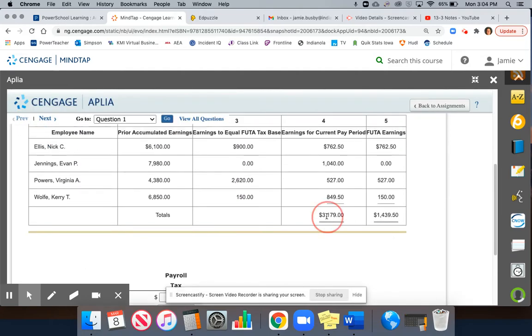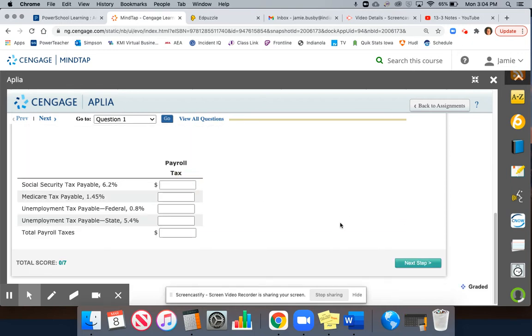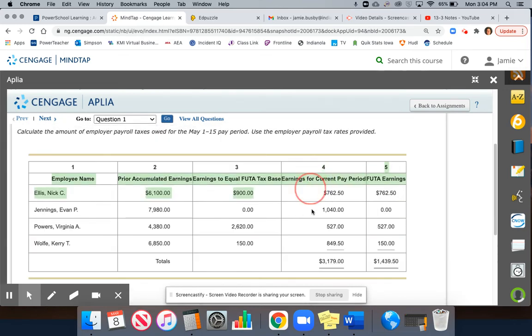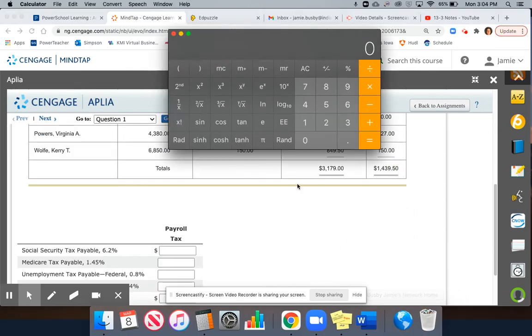So using these two totals, we need to calculate our Social Security, Medicare, federal, and state tax. So for Social Security and Medicare, we use the whole large amount here, $3,179 times 0.062. So that gives us $197.10.